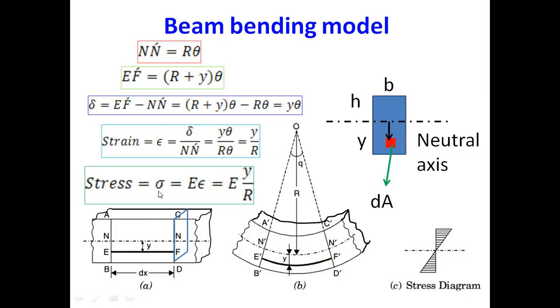For stress, we would use Hooke's law, sigma is equal to E epsilon. We have found that strain is y by R, so the stress that is produced is E y by R. This is the tensile, normal stress in terms of y, the radius of curvature and the Young's modulus.